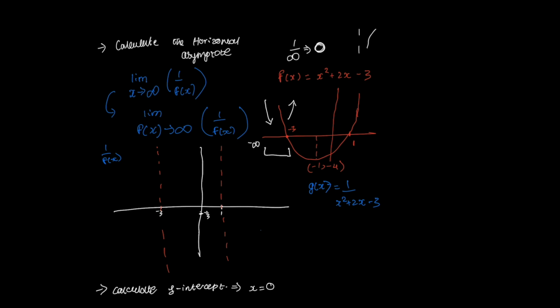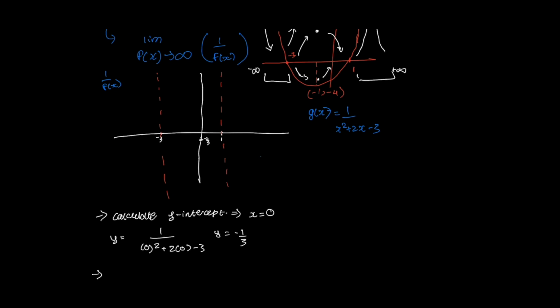And likewise, if the graph is between negative 3 and 1, if it decreases, reaches a minima and then increases, then in 1 over f of x it will increase, reach a maxima, then decrease again. And from x is equal to 1 to x is equal to positive infinity, the graph is increasing infinitely, so in the case of 1 over f of x, the graph would be decreasing. So that is a rule of thumb which you can use to sketch these graphs easily.